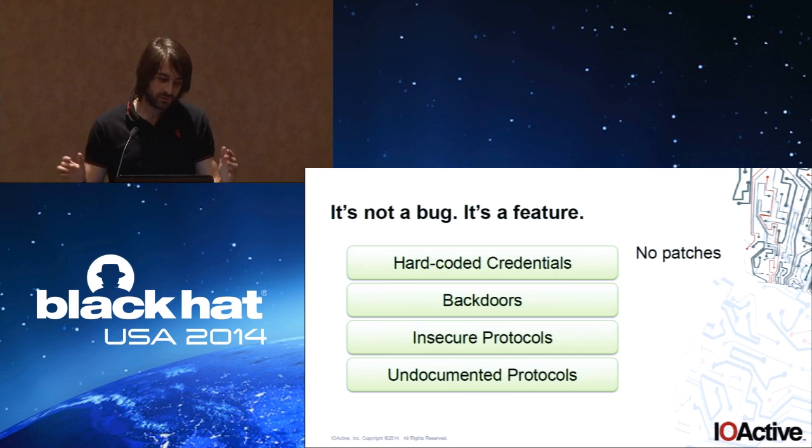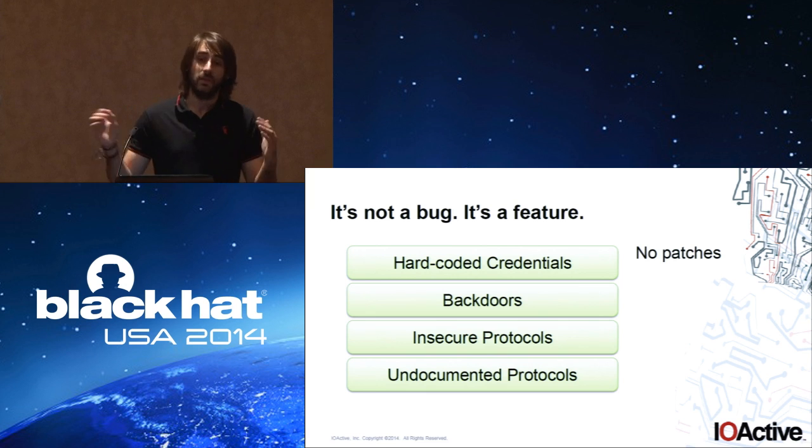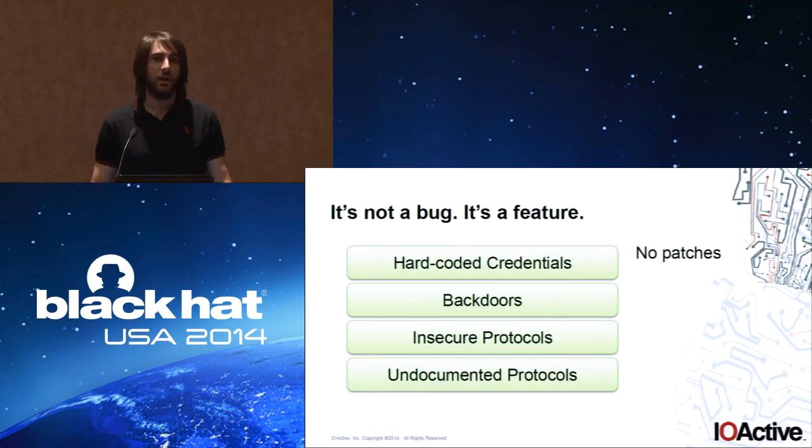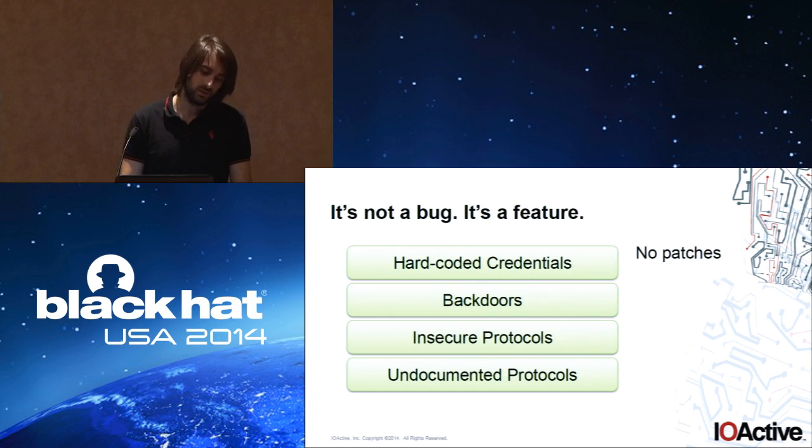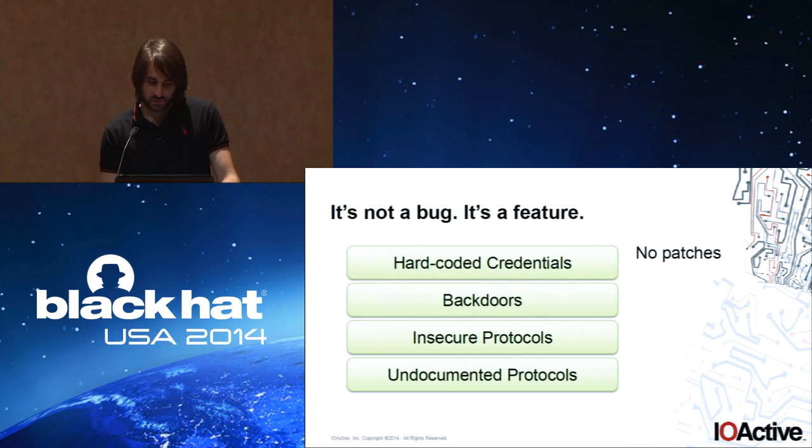Our research was focused on understanding how those devices were actually working. So the findings can be divided into four main groups: hard-coded credentials, backdoors, insecure protocols, and undocumented protocols. At this point, there are no patches, and we don't expect some for several issues.